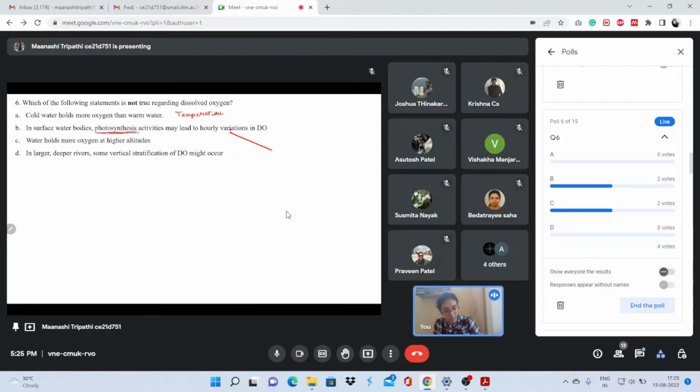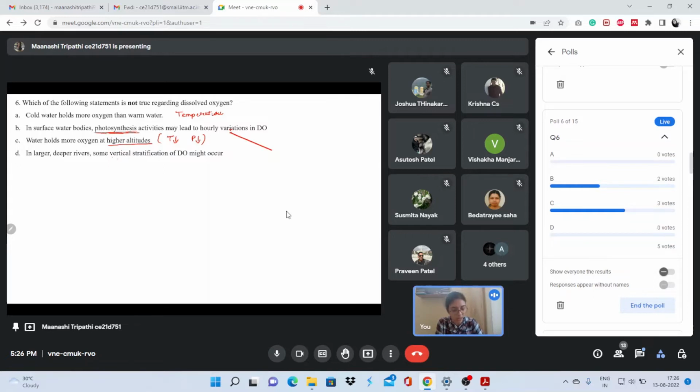C. Water holds more oxygen at higher altitudes. What happens at higher altitude? There is a temperature decrease and pressure also decreases. So we need to check the solubility of gases with respect to temperature and pressure. D. In larger, deeper rivers, some vertical stratification of DO might occur.